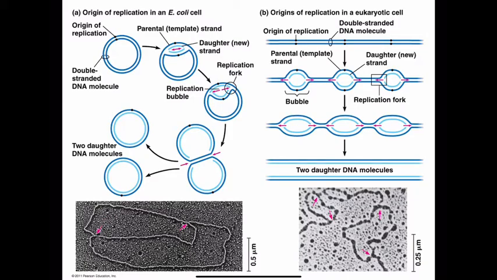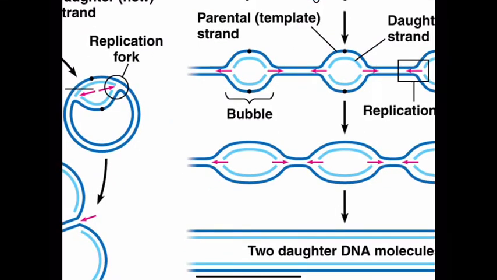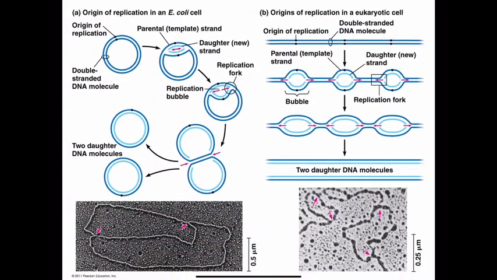Now, remember, in a eukaryotic cell, our DNA is linear, okay? It's a long strand of DNA. And so there can be many replication forks or many replication bubbles on the strand. So replication happens at many different spots. It makes it much more effective.